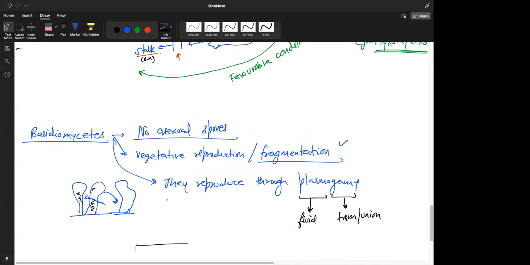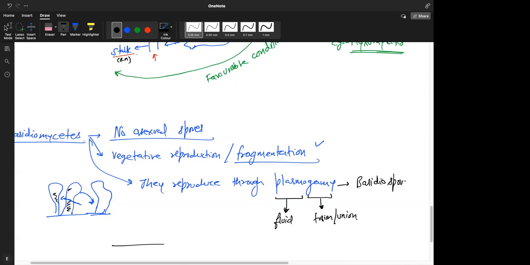Okay, and this way they can produce something known as basidiospores. So they reproduce either through basidiospores, or through fragmentation.